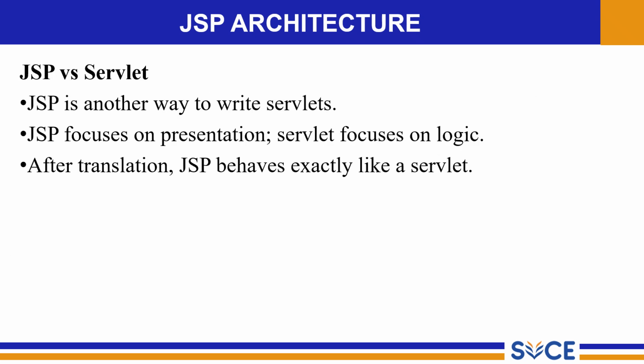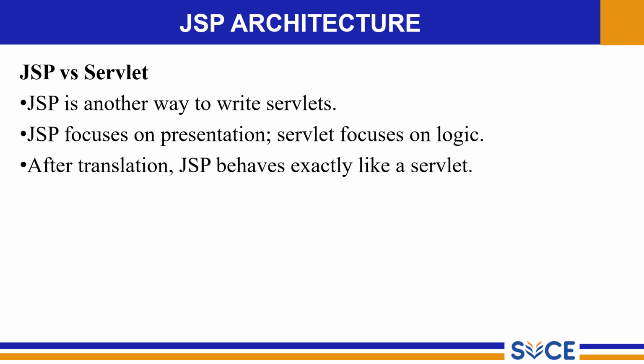Java Server Pages provides an easier way to build dynamic web pages by separating the presentation from the business logic. While servlets primarily handle the application logic such as processing requests, performing calculations, or interacting with the databases, JSP focuses on the visual output that users see in the browser. Even though JSP looks like a simple HTML page with embedded Java, it does not run directly in that form.